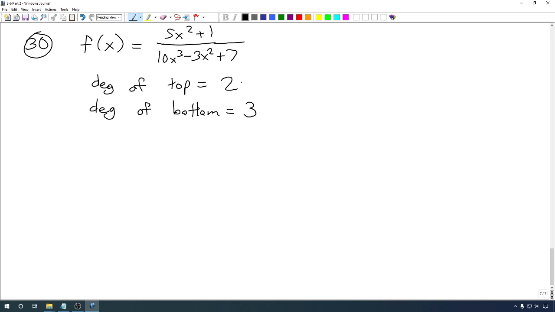Since 3 is bigger than 2, that just immediately says that we have a horizontal asymptote of y equals 0. In fact, this function goes to 0 on both sides. As x goes to infinity, we go to 0. As x goes to minus infinity, we also go to 0. There's nothing more we need to say.